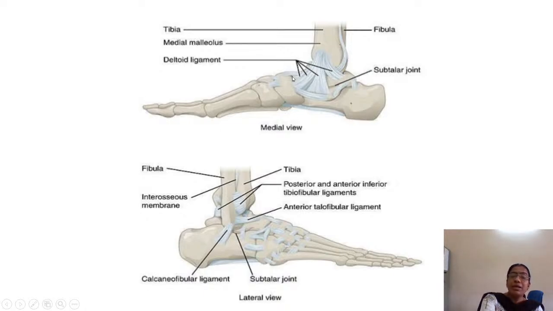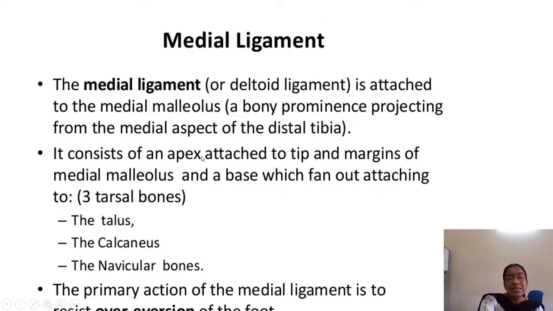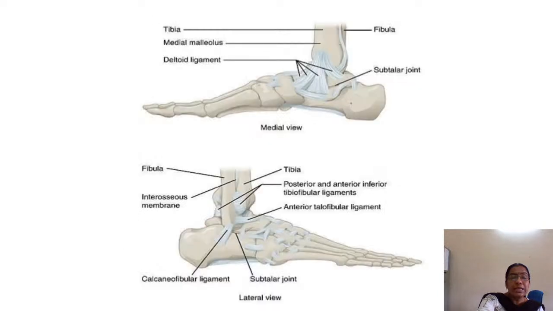This medial ligament, also called the deltoid ligament, is a triangular shaped ligament which extends from the medial malleolus and fans out to three tarsal bones: the talus, calcaneus and the navicular bone.